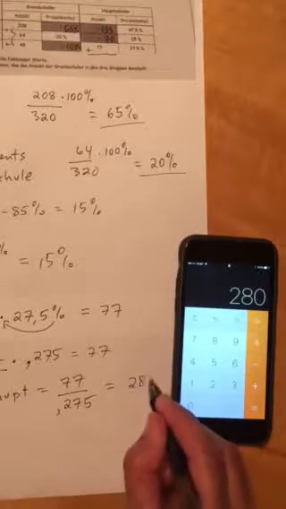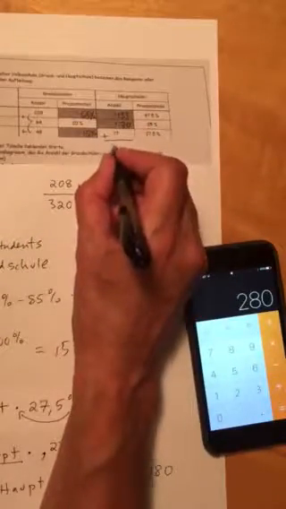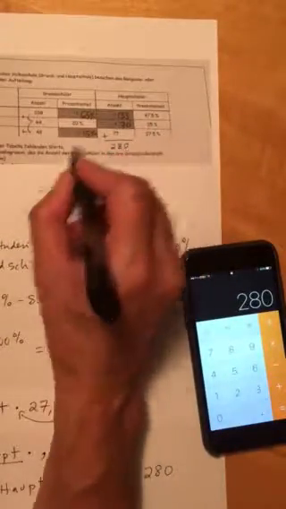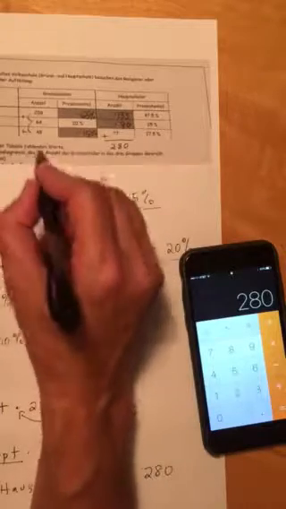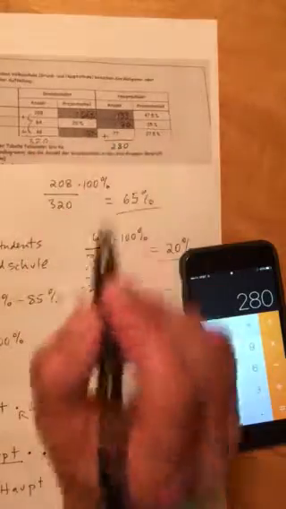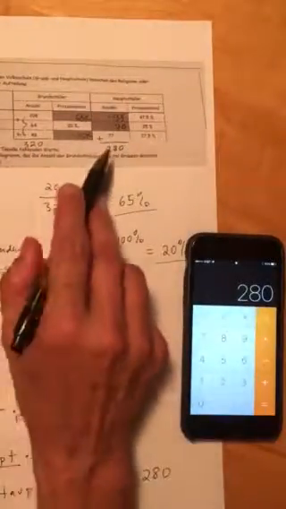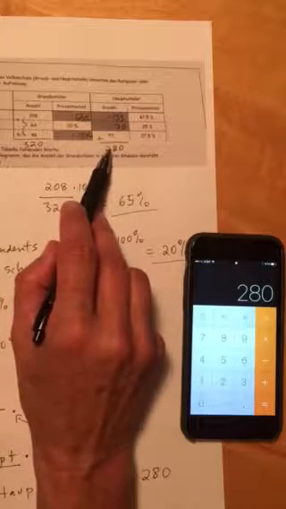So the total number of students at the Hauptschule is 280. And we had that the total over here added up to 320. And so now we can say, okay, good.